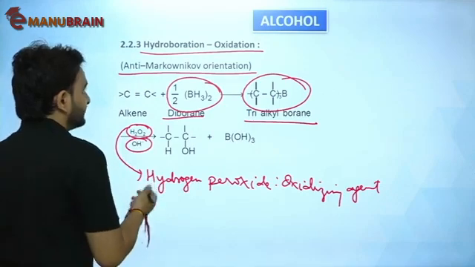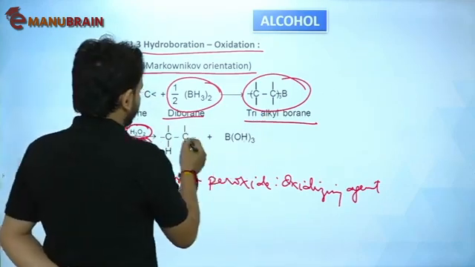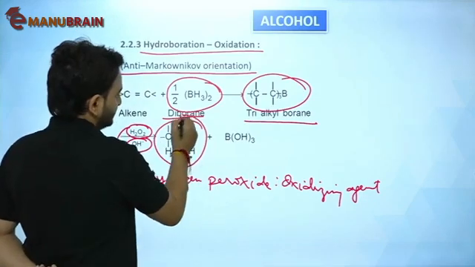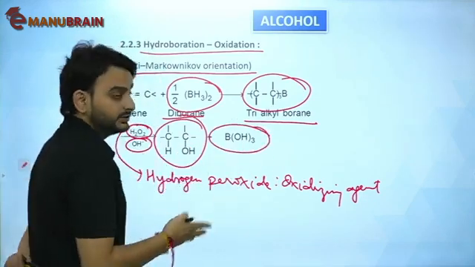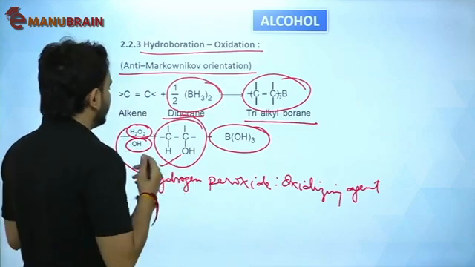So what will happen is this will convert to this, and B(OH)3 will be the byproduct. So again, we have obtained our alcohol.